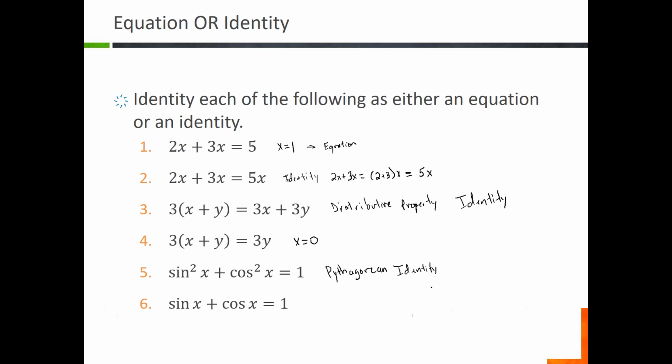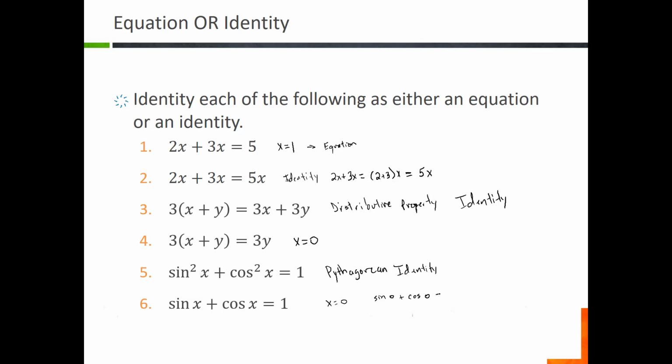So here's the question. How important are the squares? In other words, is sine x plus cosine x equal to 1? Well, is it always true, or is it only true some of the time? So let's try a couple examples. Let's try the point where x is equal to 0. If I do that, I'm going to have sine of 0 plus cosine of 0.